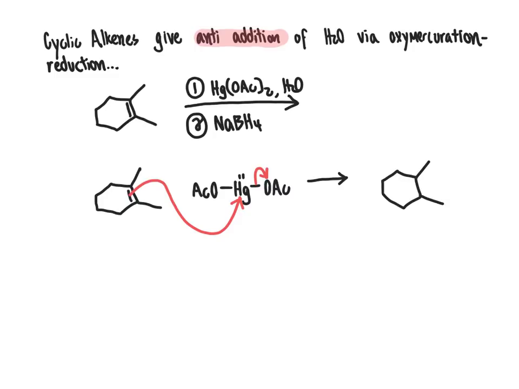So we've added Hg, mercury, to one of those two carbons. It doesn't matter which of the two you add it to, since in this particular situation we have symmetrically substituted carbon atoms. So we'll go ahead and do this here. That will result in the placement of our carbocation right here.